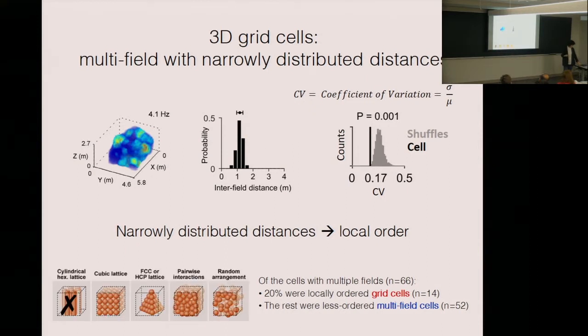And so for these cells, we can say that since we have this local order in the fields, we can now cross out the option of their fields being just randomly arranged in space.